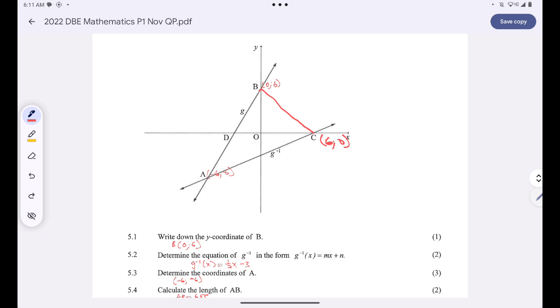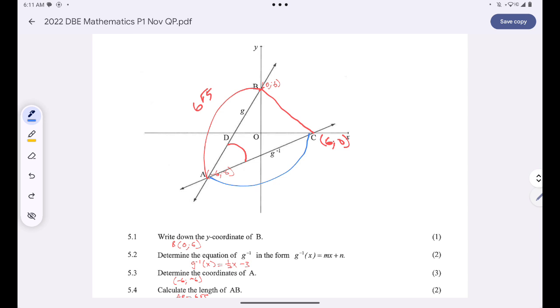Another thing, I just need to find this angle over here, because I already have this length, that's 6 root 5, and then I can calculate the length of AC as well by using the distance formula. I believe I'll also get 6 root 5.